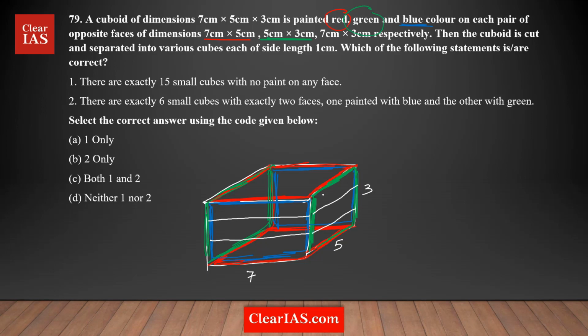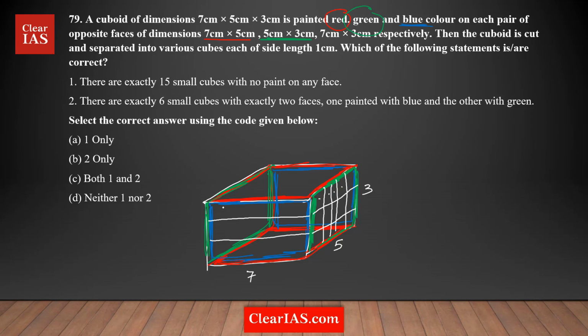Similarly, this is also cut. 5 is the entire length, so this is cut into 5 pieces. 1, 2, 3, 4. One more cut is needed. Let's say I'm cutting it here. So you have 1, 2, 3, 4, 5. This 5 centimeters is cut into 1 centimeter each.